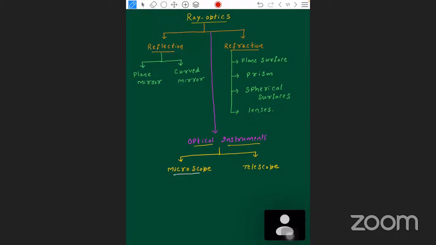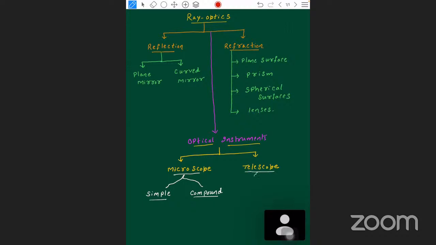In microscope, you're going to analyze two cases: one is a simple microscope, the second one is called compound microscope. So you're going to analyze the ray diagram for the simple microscope as well as for the compound microscope.